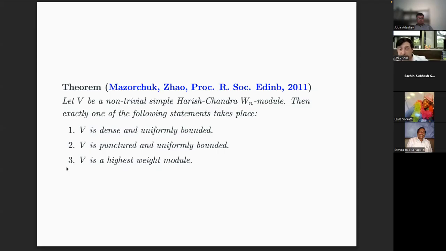And punctured means only zero is missing, so the support is Zn minus zero. Otherwise, if these two conditions do not hold, then V is a highest weight module. You will realize that a highest weight module is completely off the whole Zn weight space. So this was a very important result.